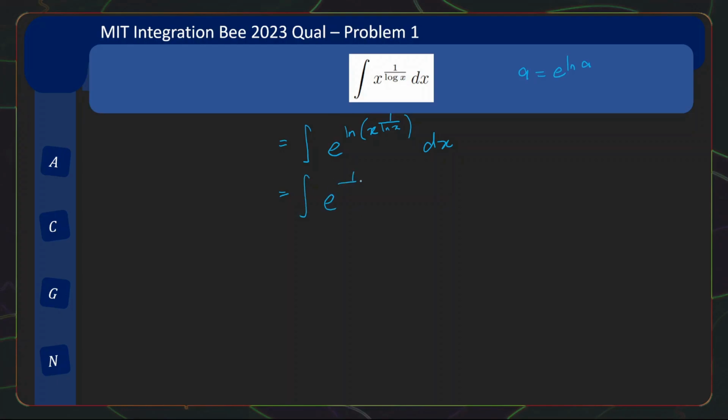In this case, if we bring down the power, we have this new expression, and ln x cancels out the 1 over ln x. So this is really just the integral of e dx, which is just ex plus c. A very quick warm-up for problem 1. Just a simple observation, nifty little trick, and you're on your way to start.